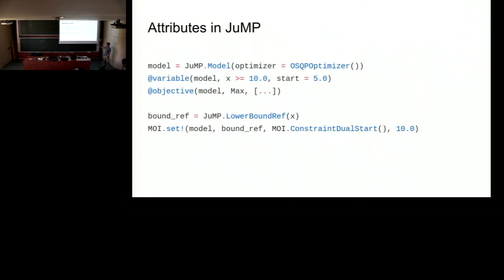And this is a JuMP model, not a MOI model. So there's one level in between that translates this call on a JuMP model and a JuMP reference to a call on a MOI model and MOI reference.